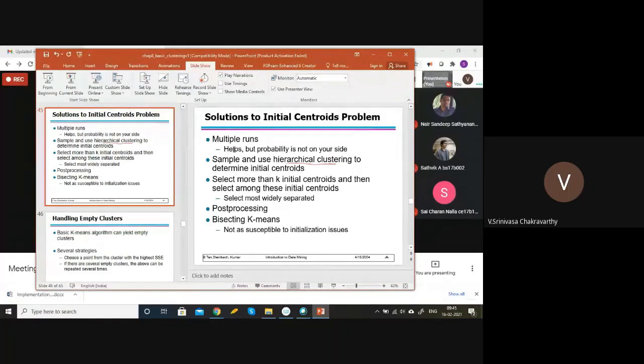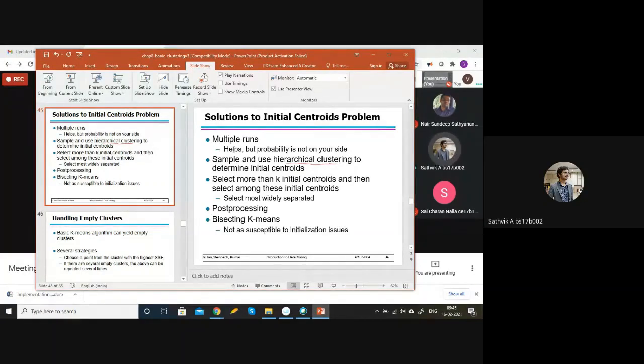So if you do this 10 times and pick the clustering which gives you the lowest SSE, that might be reasonable. But again, that is difficult because you're unlikely to pick very good initial centroids. Instead of an overall SSE, is it possible to consider local SSEs?